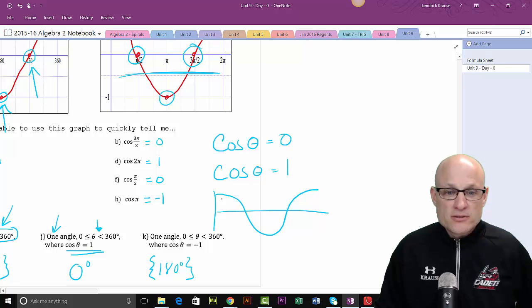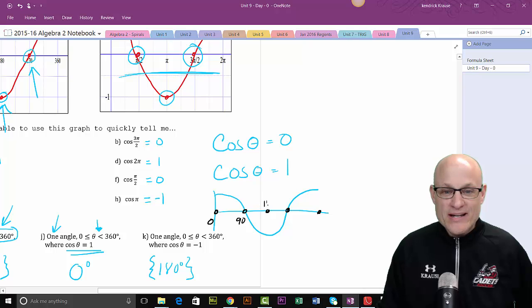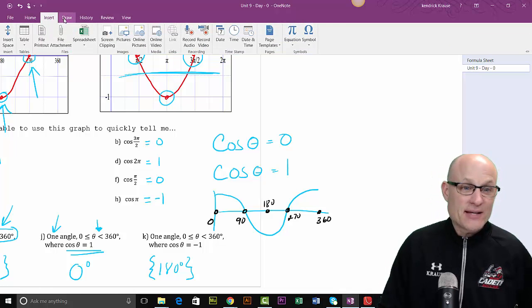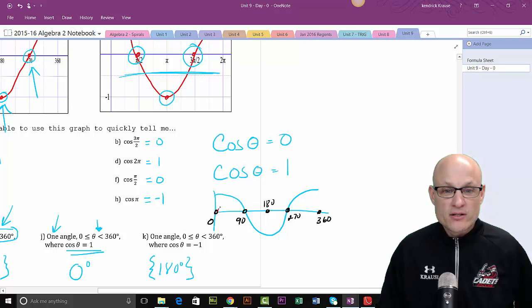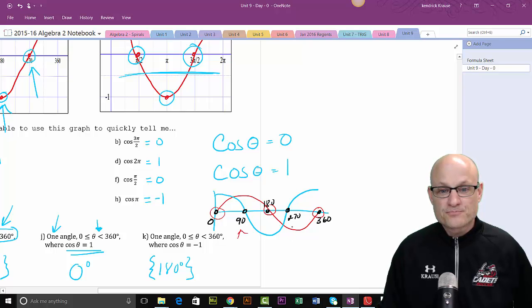Here, 1, 2, 3, 4, 5. 0, 90, 180, 270, and 360. It's much like the exact same thing we did with the sine curve. The sine curve went like this. Right? It's got 3 zeros, where cosine only has 2. But it's got 2 maxes and a min.